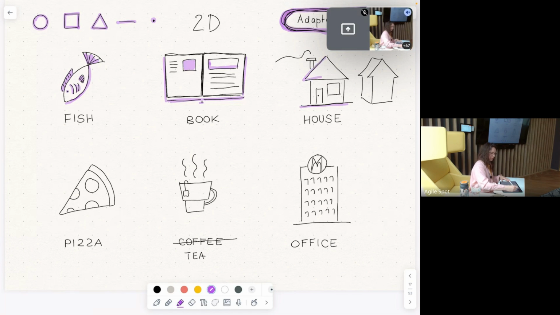The house, we can also add some shadings, and then those pictures become a little bit more 3D suddenly. With the office, I would usually make the shadings for those L's. So here you have to choose wisely how many windows you want to draw.